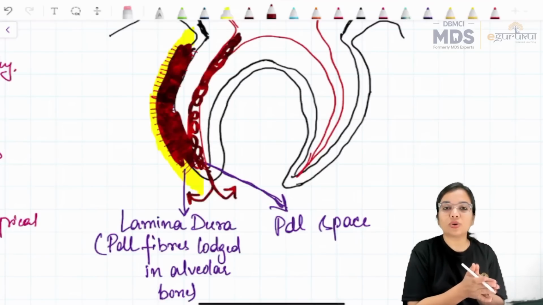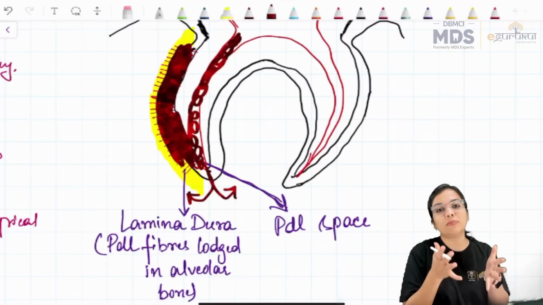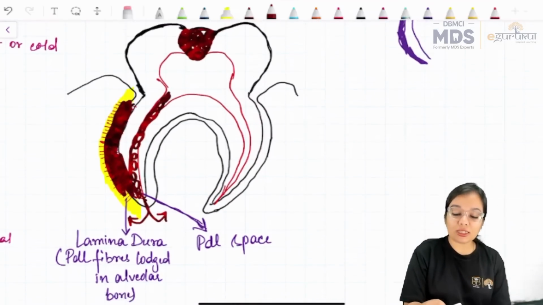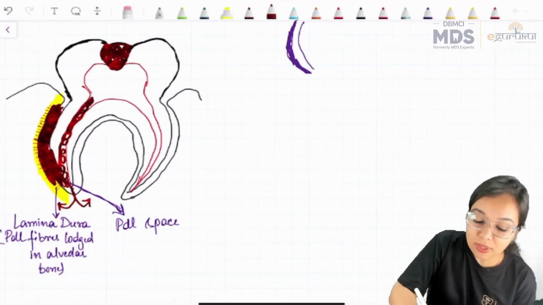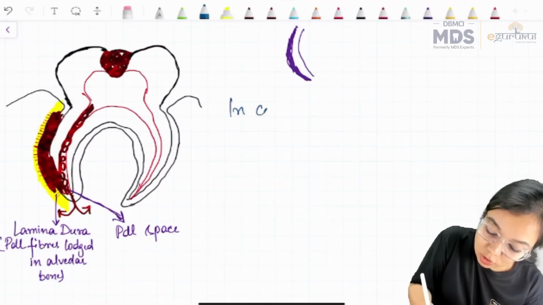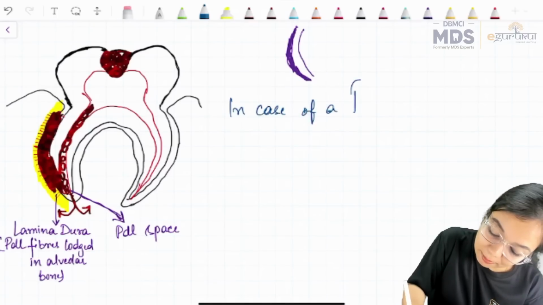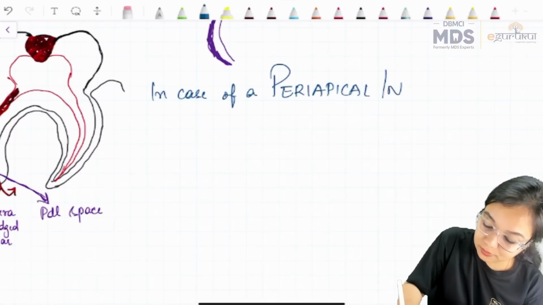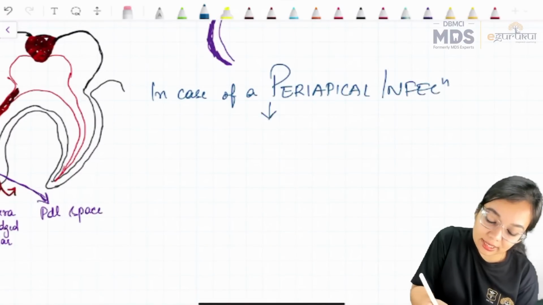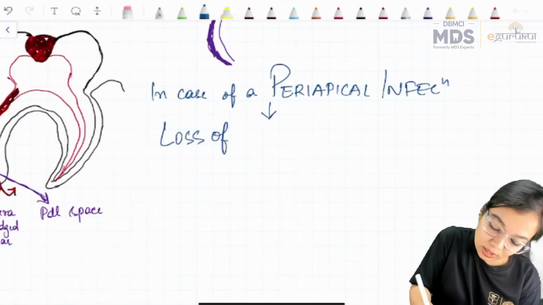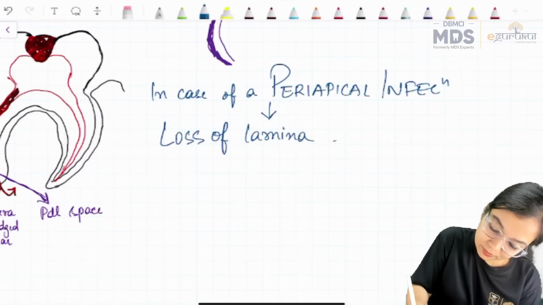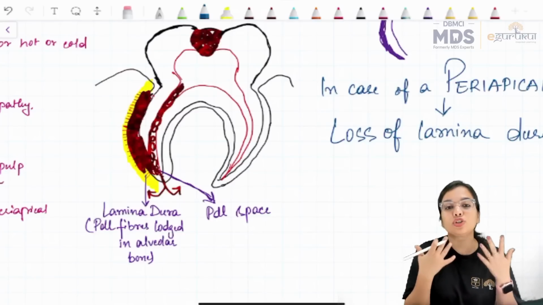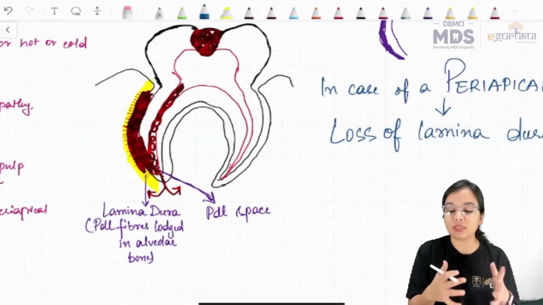If the PDL fibers are destroyed, so will the lamina dura be destroyed, because what is lamina dura? Lamina dura is nothing but the PDL fibers only. So the lamina dura will not be visible. In case of a periapical infection, we can write that there is loss of lamina dura, because a lot of PDL fibers have been destroyed, because of which the lamina dura is not visible on the radiograph now.